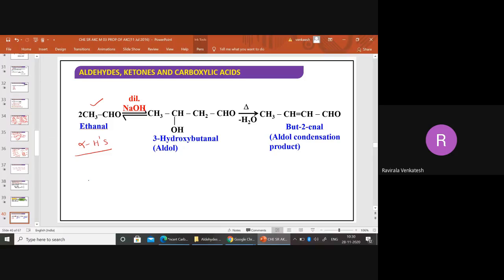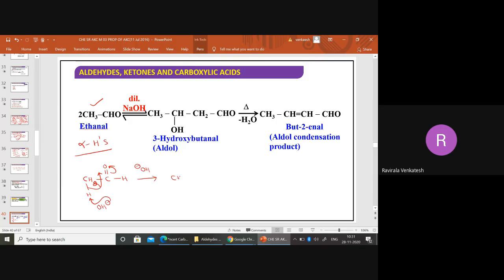How to make the product? I'm writing here CH3 C double bond O H, and I take OH minus here. Again I'm writing CH2 hydrogen, so OH minus takes the hydrogen as H plus. This bond shifts over here, and this bond is shifted.